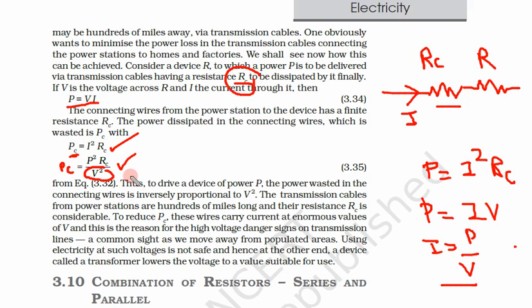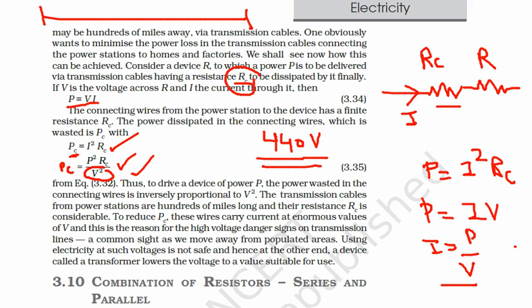If this V square becomes high, then the power lost in the cable would be less. That's why power is transmitted in thousands of volts from the power station. Generally, what you get at your home is from lines of 440 volts. Again, these lines are only connected to transformers and are much smaller. But when power is delivered from the power station to the transformer, this power cable is quite long, kilometers in length.